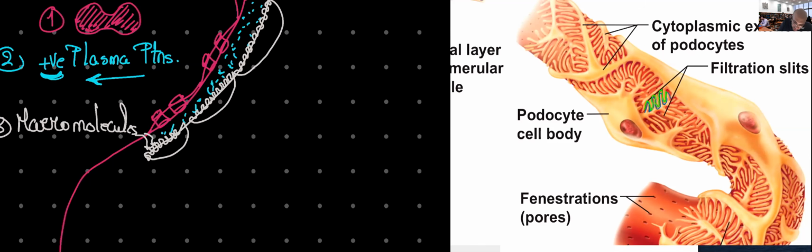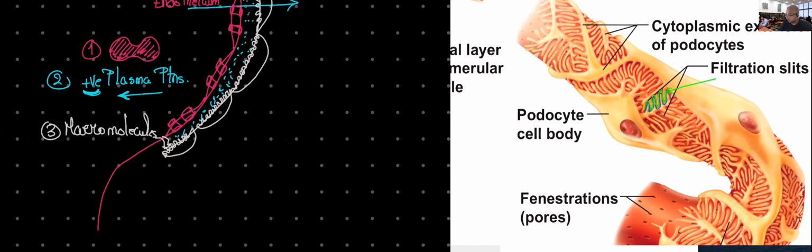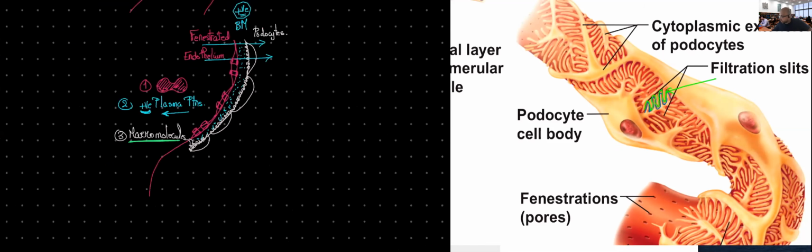Those filtration slits cannot accommodate large chemical compounds like the macromolecules on here. So simply speaking, what is the content of my filtrate? What do I have in the filtrate?